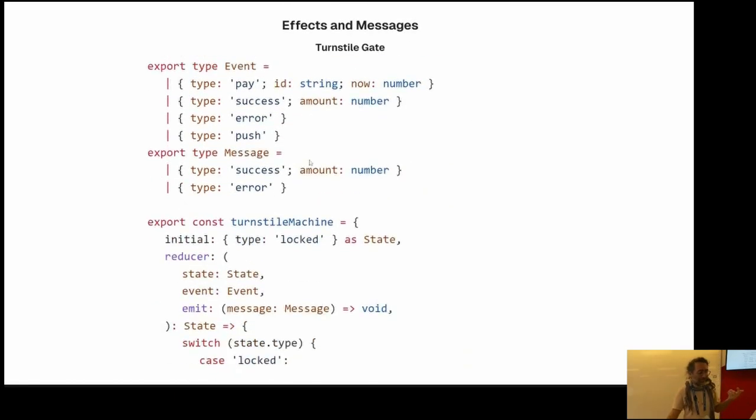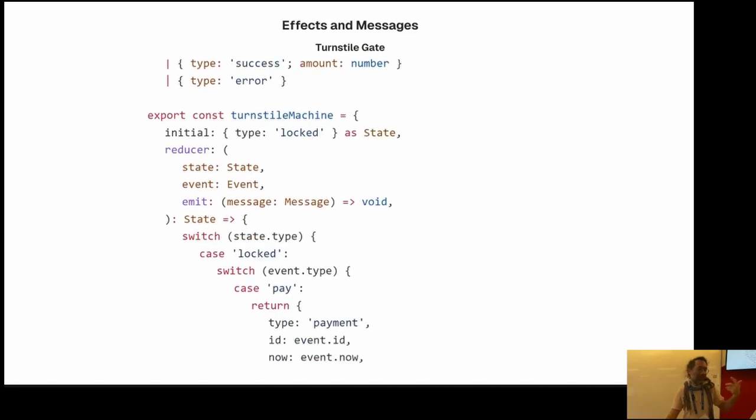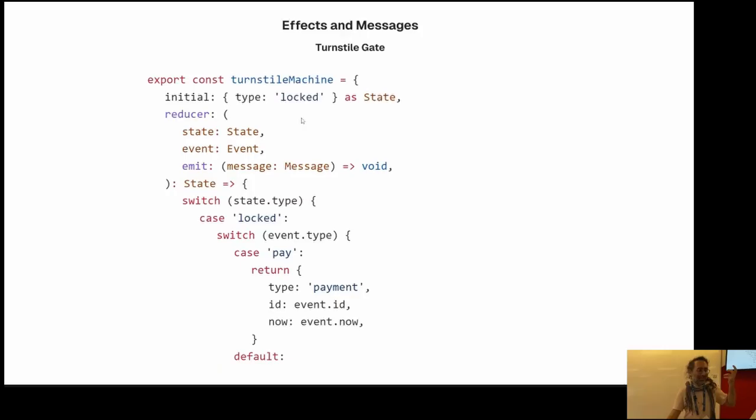Because we want to give the ability to send messages, we cannot use the useReducer state anymore. We have to have a special useMachine hook that takes the state, the event, and a third component, because we will inject the capacity to send messages.